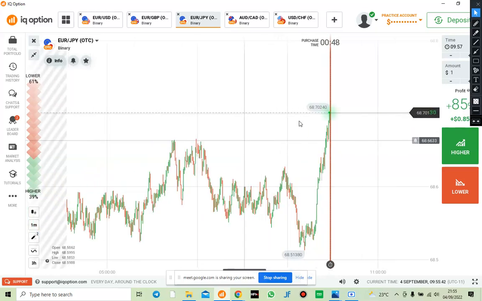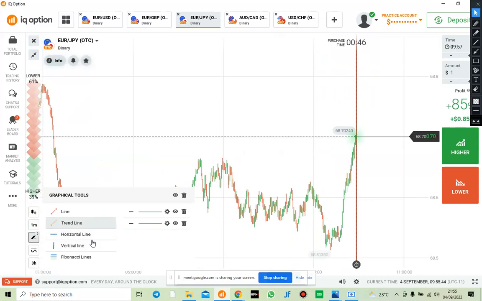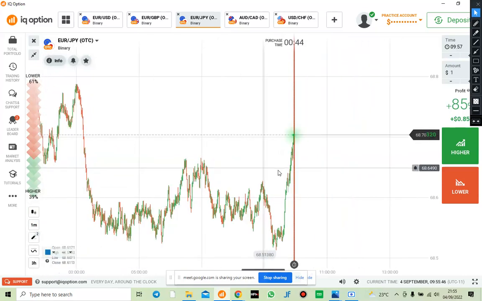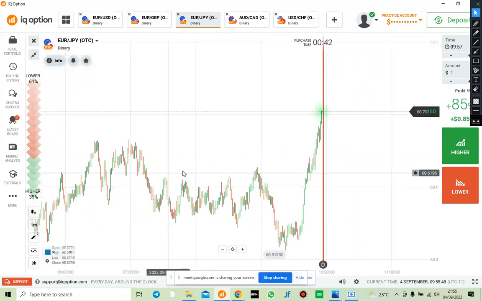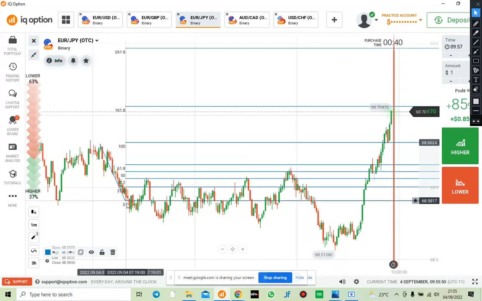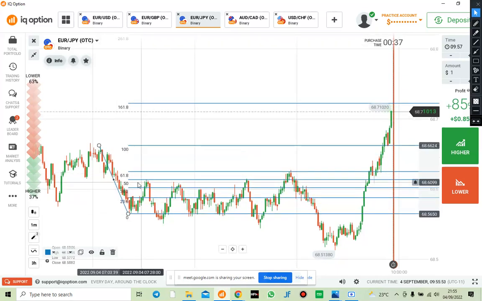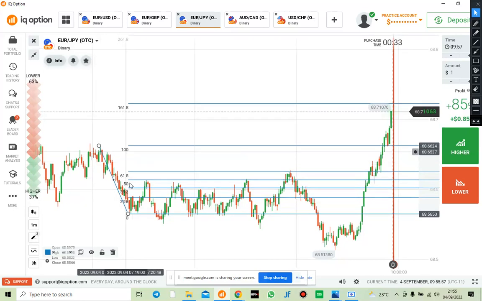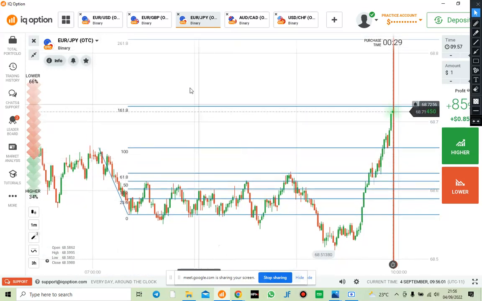If you want to draw a Fibonacci retracement, start from the high, connect to the low, then wait for the key level, the level of this Fibonacci. Wait for the price to reach the level, then place your trade.